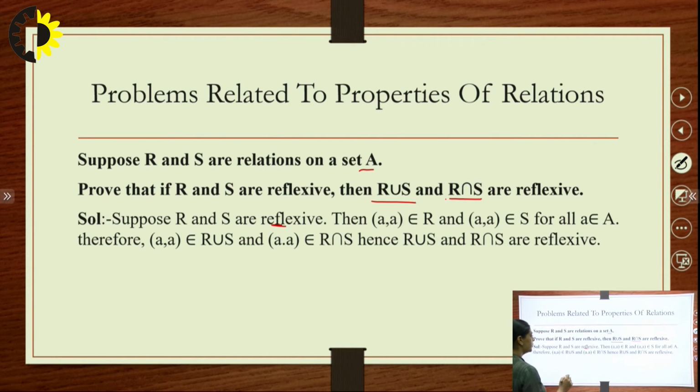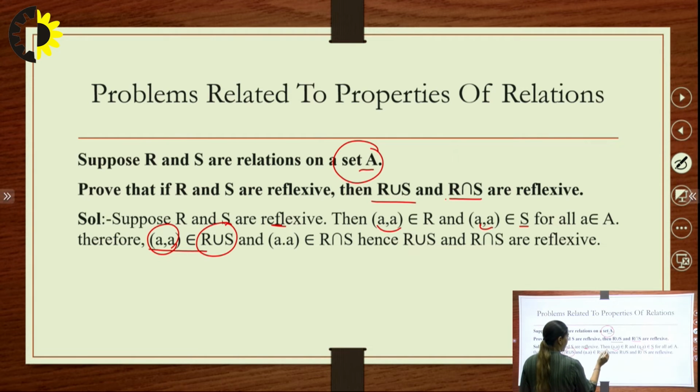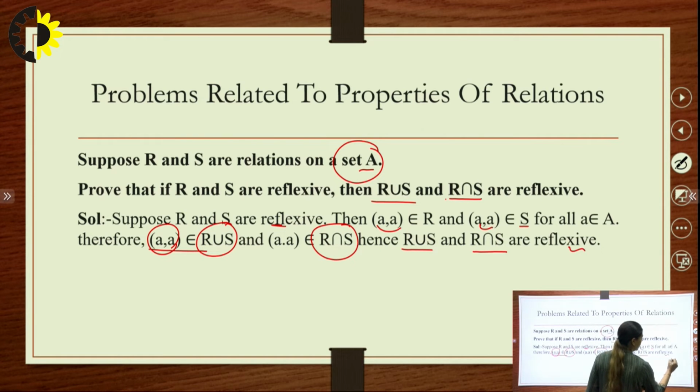This means that (a, a) belongs to R and (a, a) belongs to S, because both R and S are relations on set A, for all a belonging to A. Therefore, (a, a) belongs to both, so this element will be present in the union and the intersection also. So both R union S and R intersection S will be reflexive.